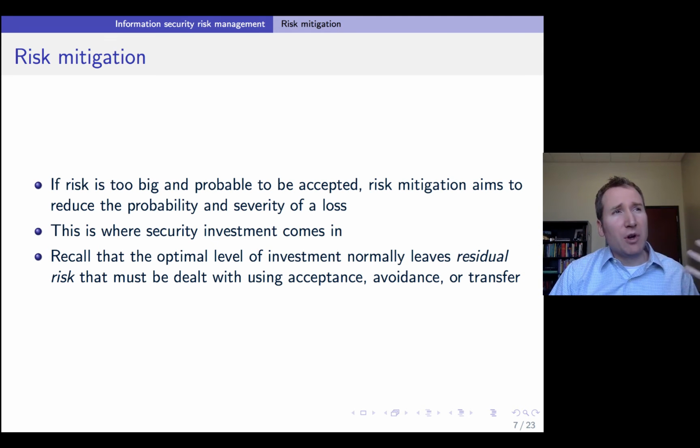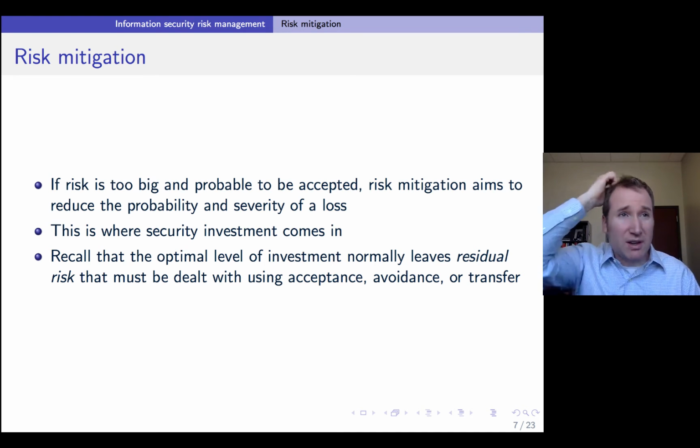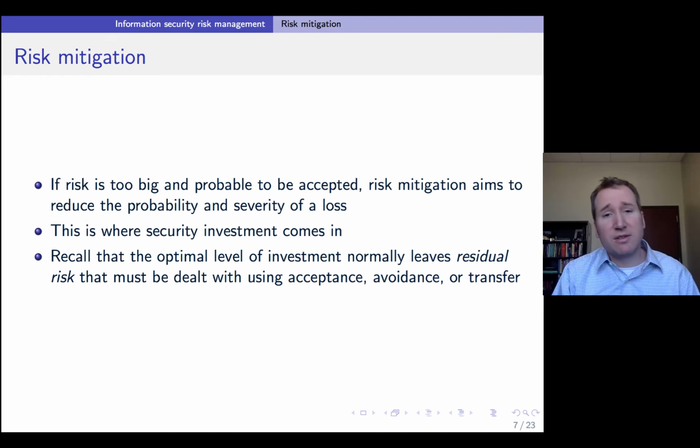If we go back to our security investment models, we can see that there is usually some residual risk that is left over. So you will mitigate until you get to the point where your marginal benefit from added security is equal to the marginal cost, at which point you can accept the remaining risk or use a combination of acceptance, avoidance, and transfer.